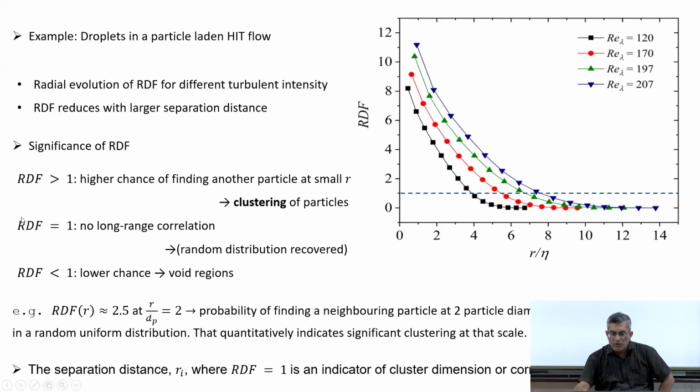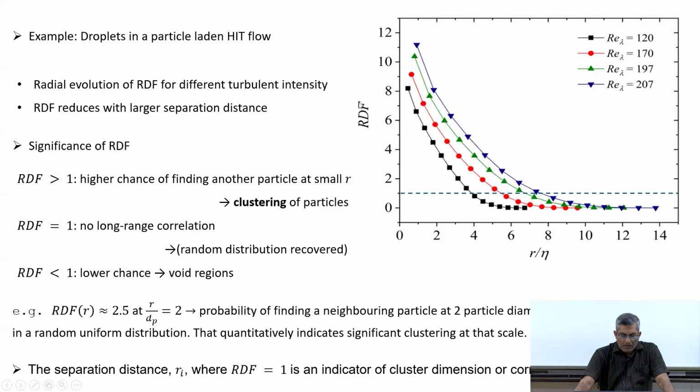So, this RDF value of 12 here means that if you consider a random distribution of particles, and you take 2 particles at this separation distance, then you will get 12 times more particles at the same separation distance. So, that is what RDF tells us.